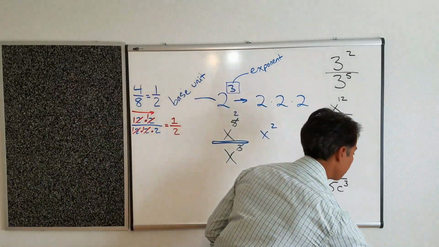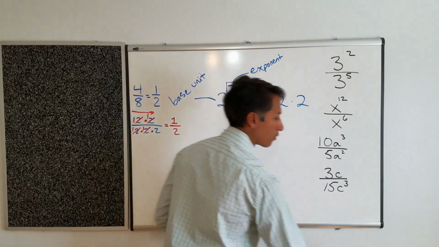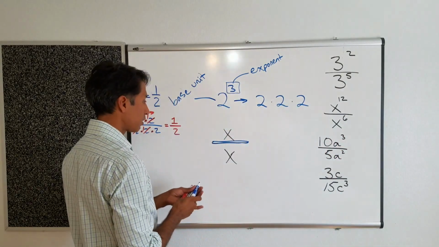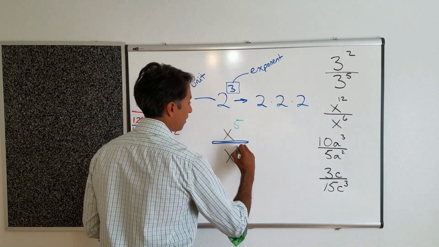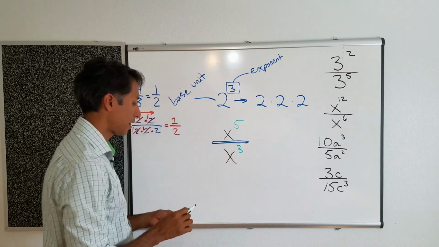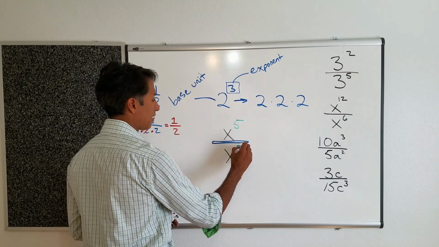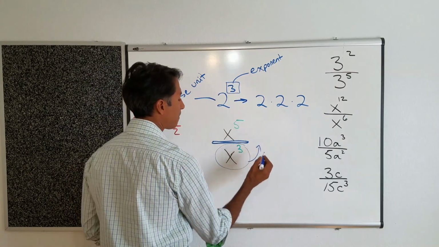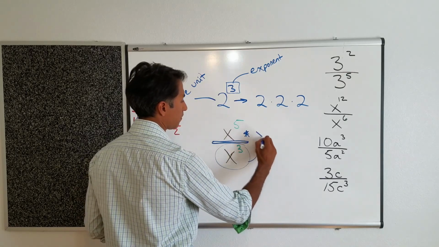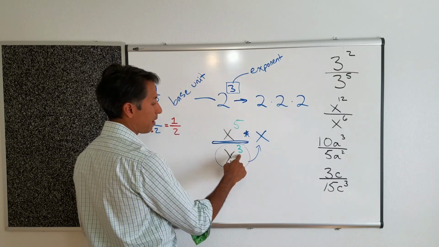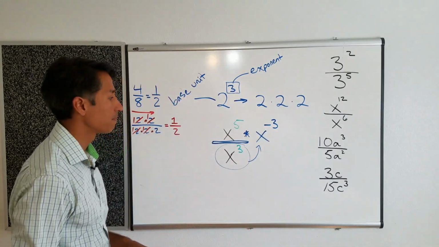But the rules of algebra allow you to move stuff around in a certain way. So let me rewrite this. We have x to the 5th and x to the 3rd, okay? And so in order to move this guy up to the top, what happens is you move it up, but instead of having it as a positive exponent, it becomes a negative exponent, okay?